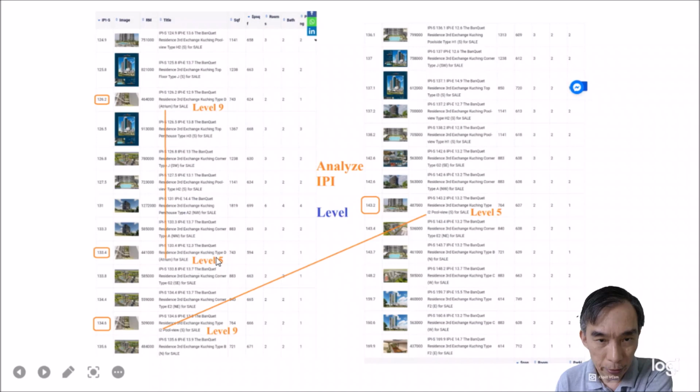When the same unit is at level 5, it costs 441,000 with the same layout. You can see the ranking is smaller at 126.2 compared to 133.4 at the higher level.